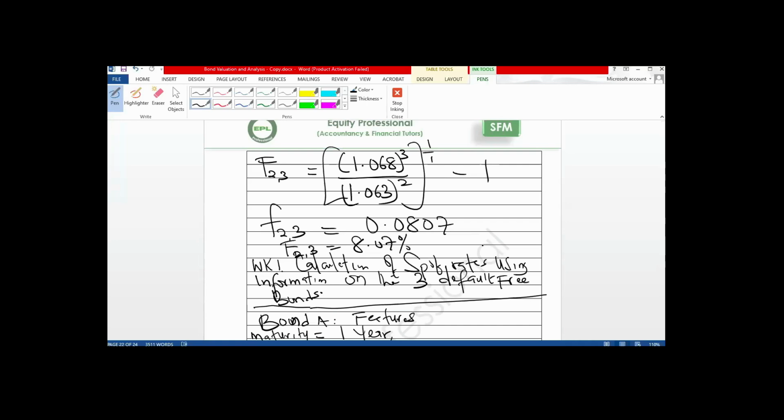Please work this out and reconfirm the answer.